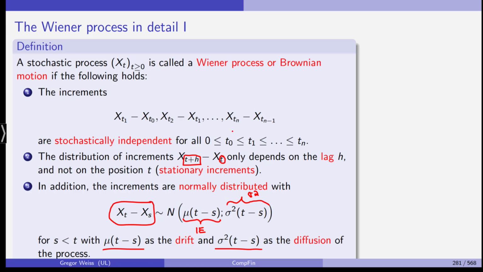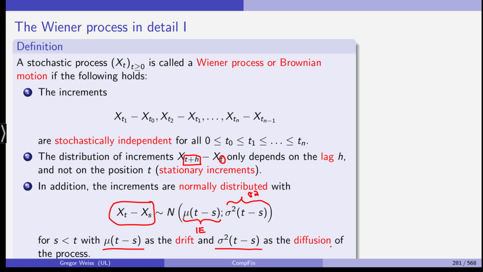Variance and expected values can change over time, but the parameters mu of t minus s and sigma squared of t minus s only depend on the lag. So we don't call them expectation or variance, but we call them drift and diffusion. Obviously, these two parameters govern the expected values and variance, but in the context of a stochastic process, we call them drift and diffusion.